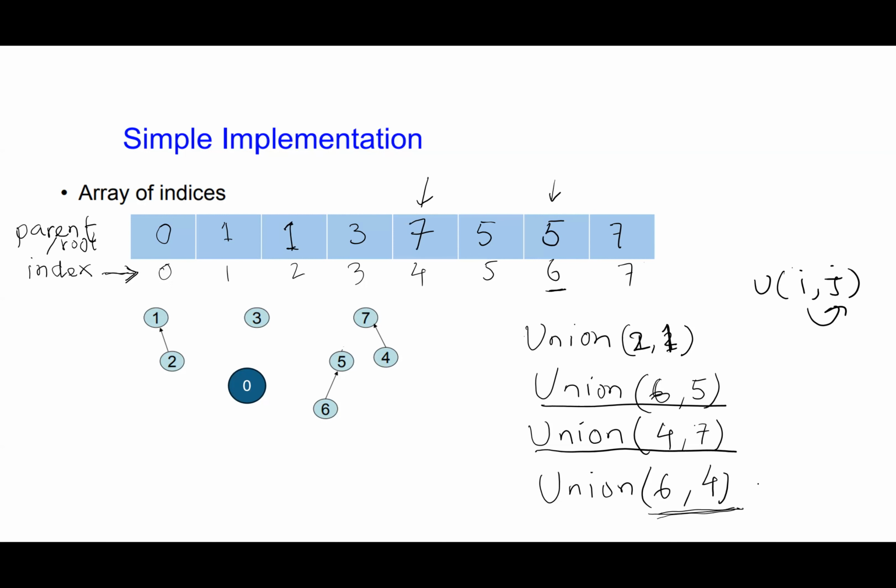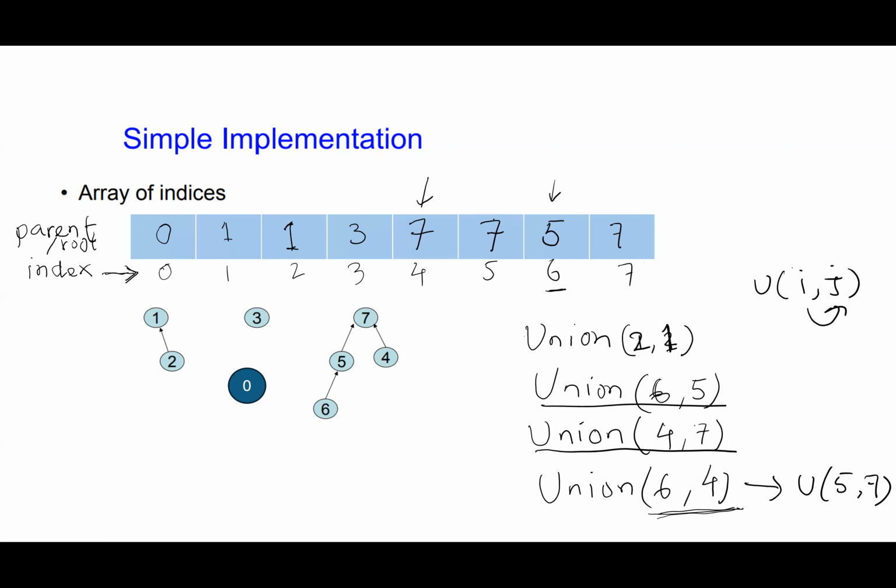So basically this translates into union of 5 and 7, okay? And then what happens is, from 5, there's a link created to 7. And now this entry is also changed to 7, because 7 is now the root, or the representative, of 5.